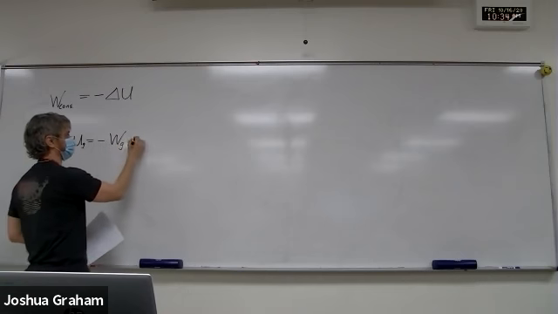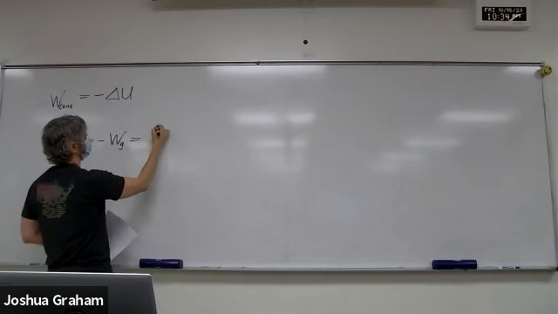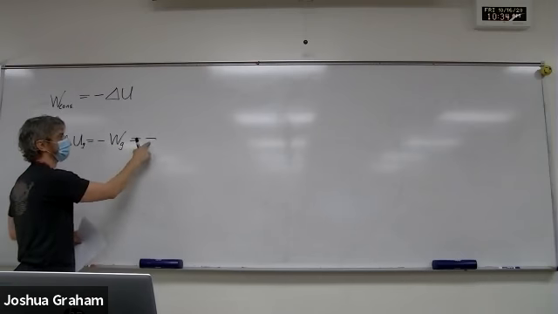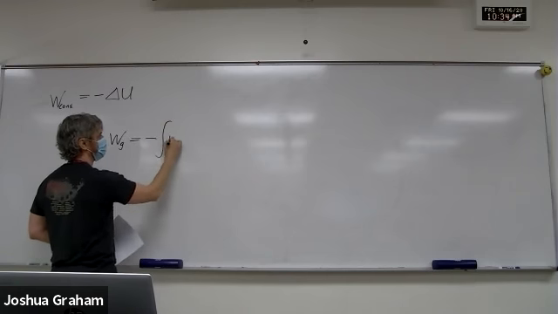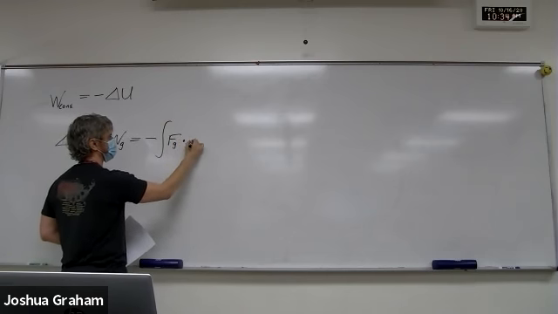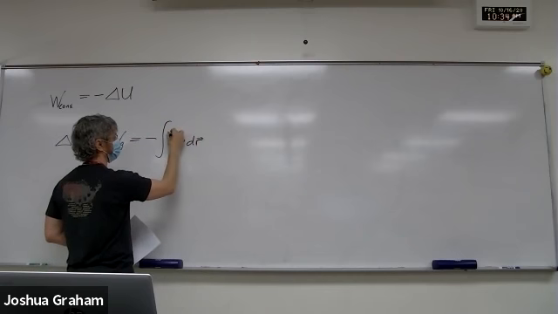Well, we have a formula for the work done by any force. The negative is still there, and that's going to be the integral of the gravitational force dotted with dr.